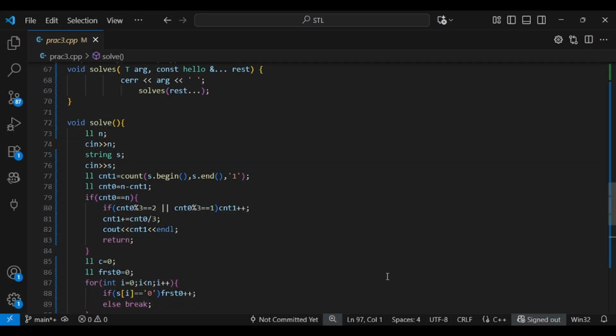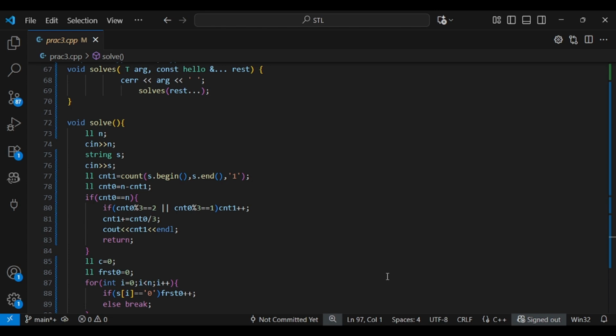I have declared long n and a string s, and I have taken this input, and then I have counted the total number of zeros and ones. If there is not a single character 1 here, it falls into the first condition that we discussed, meaning there are all zeros and not a single 1.